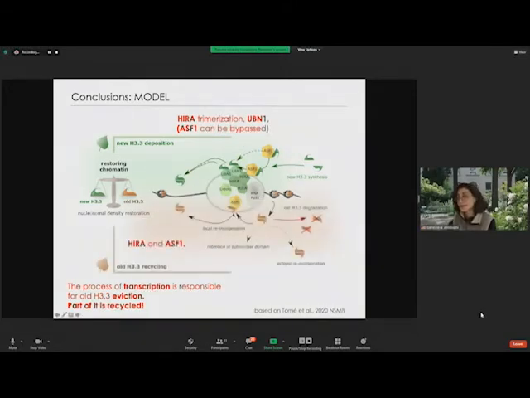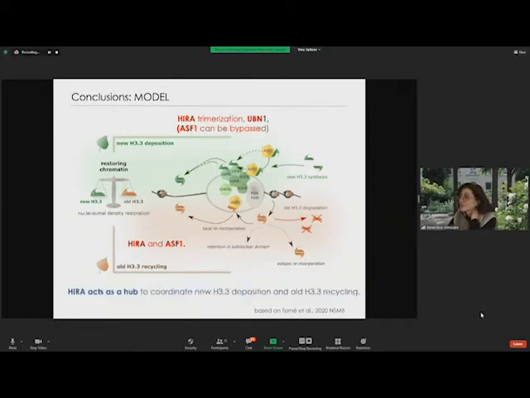And then there's the recycling that we now can put in the picture that functions in a different manner, where here it's ASF1 and HIRA that are really critical for this reincorporation. So of course, this is really tantalizing to think about how this works and what are the consequences for the way we want to think about it.